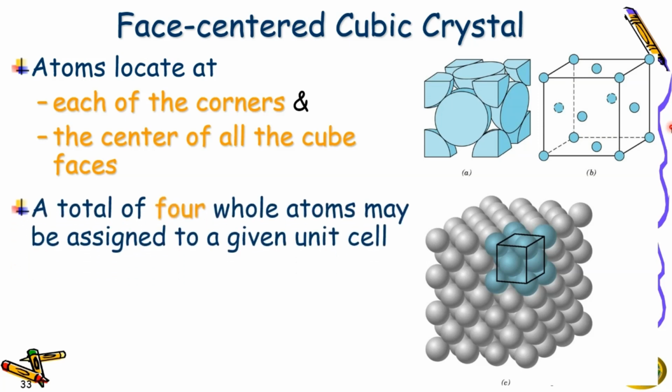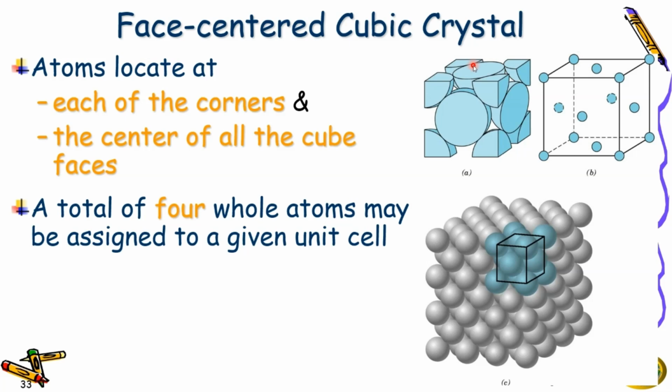So how many atoms are in this unit cell? There are 4 atoms in each unit cell. Can you count this for me? As we know, you have 8 atoms in the 8 corners, and one corner atom contributes 1/8 in this unit cell. So you have 8 times 1/8, that means 1.